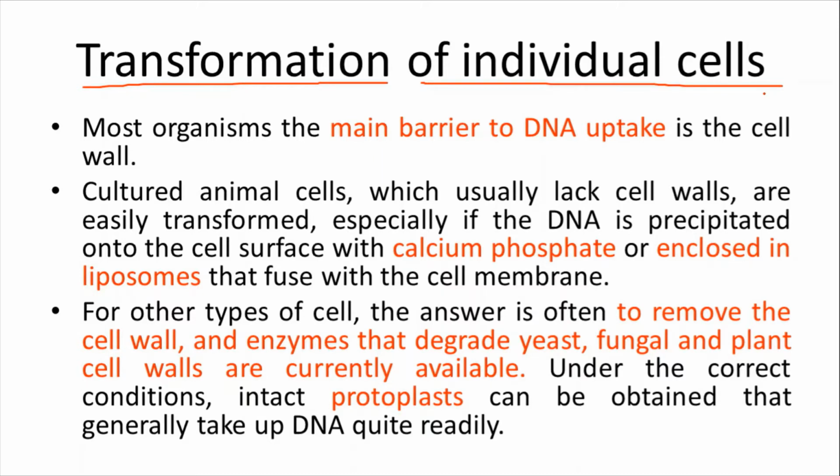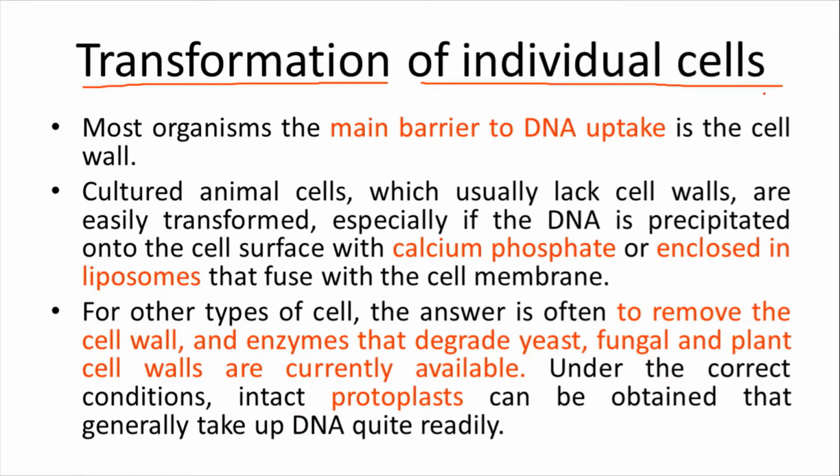So this is a drawback. If we transfer DNA into a single cell, we can easily isolate it and manipulate it. So these sophisticated techniques are used to transfer the gene and the recombinant DNA only into a single cell.